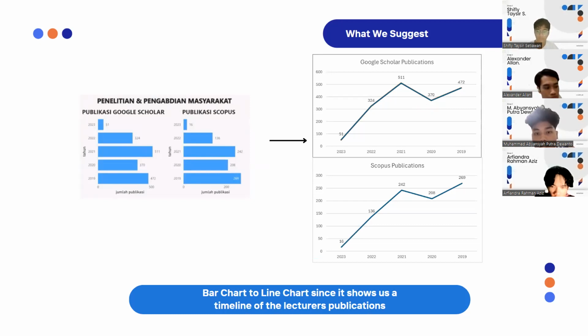What we think is better is to use a line chart, because when smaller changes exist, line graphs are better to use than bar ones. It can also be used to compare changes over the same period of time for more than one group. So it suits this case because this is a timeline of the lecturers' publications.